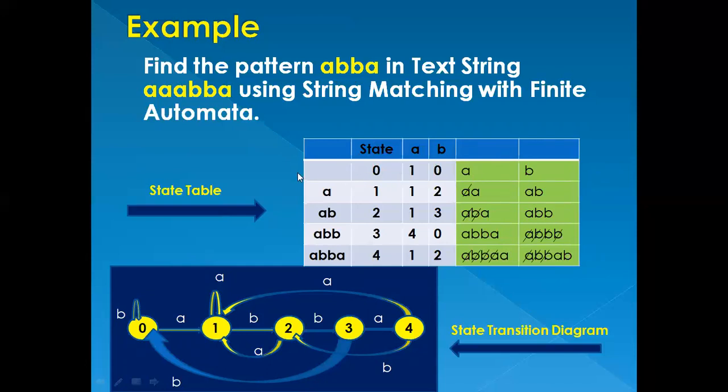To that, you have only two options: either you can add A or B. If you add A to it, you need to check, do you have any state like that? Yes, you do. The first state is A, hence I will put 1. If you add A to initial state 0, you will get state 1.